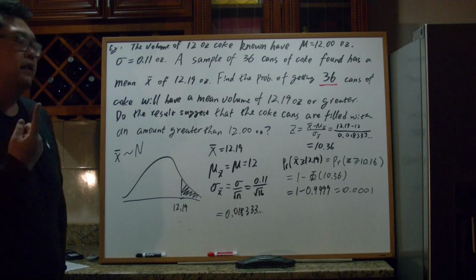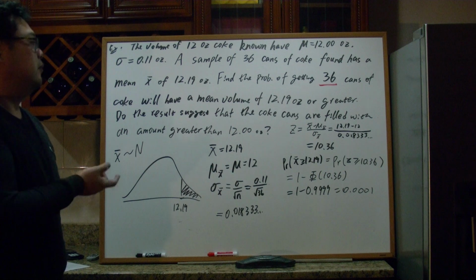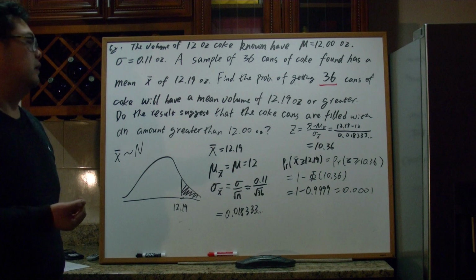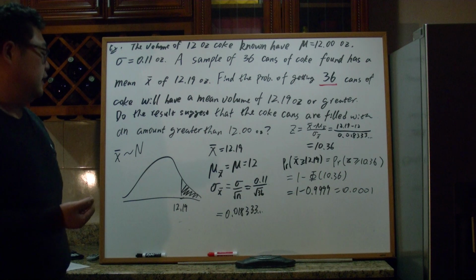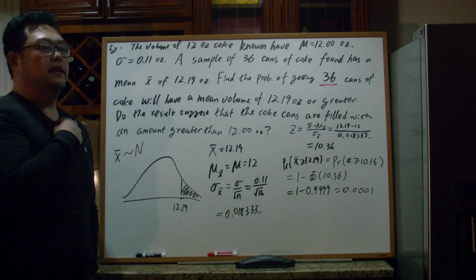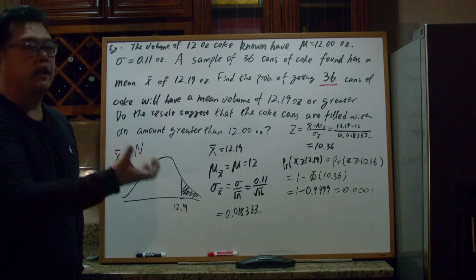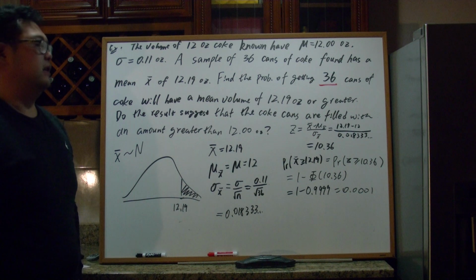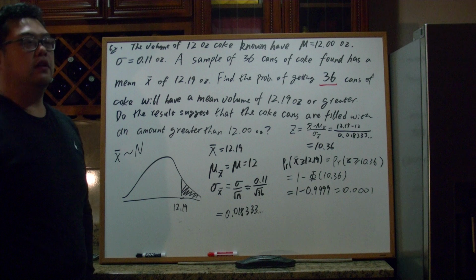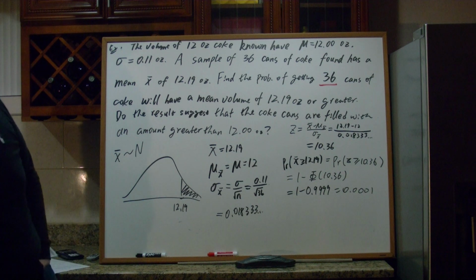Right, so one case could be we are very lucky to get the 12.19 ounces, but that is very, very unusual. Getting very lucky is not that usual, like winning first place in the lottery is not very likely to happen.